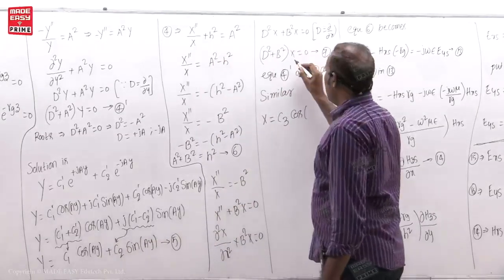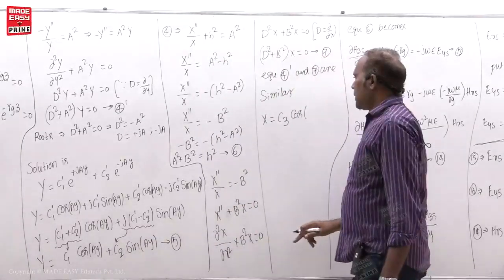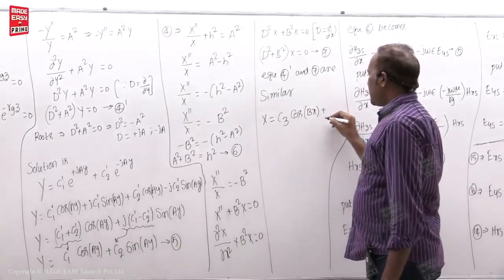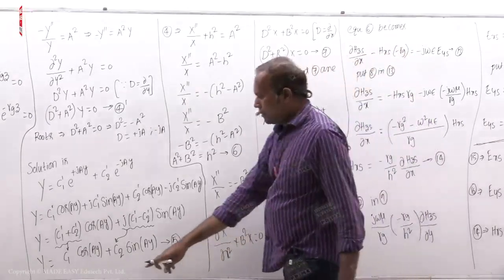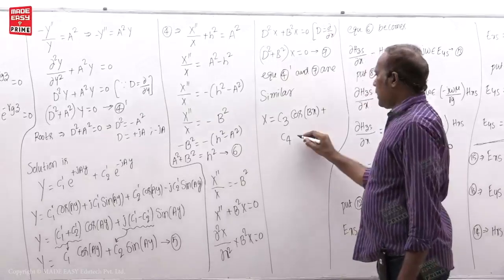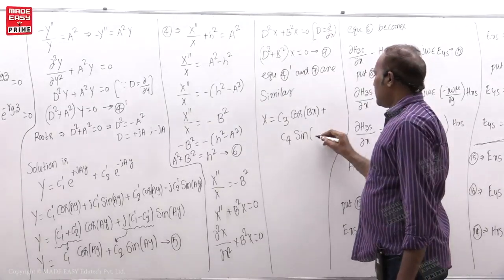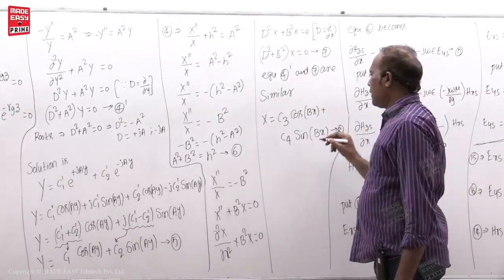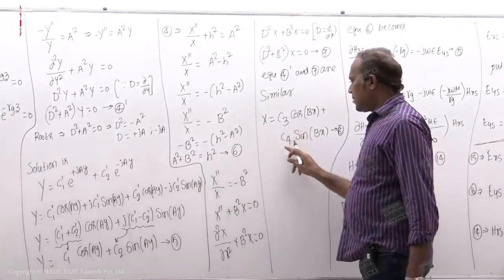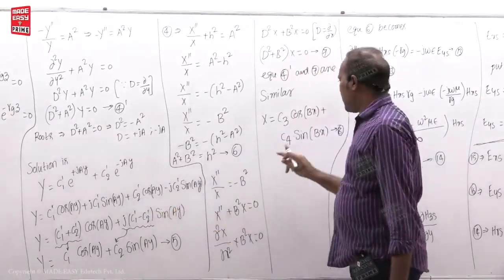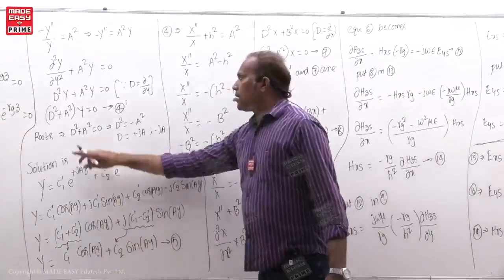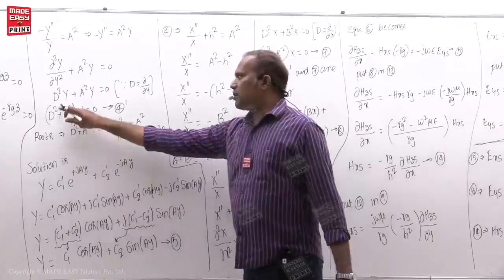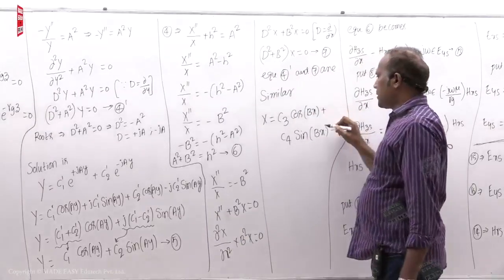Here the differentiation is with respect to small x, so you get b small x plus some constant C4, in place of C2, and sine capital B x. So this is equation number 8. There C1, C2 constants, here C3, C4 constants. Then cos term, sine term. Where A was the constant name, here B is the constant name. The differentiation variable was small y, here it is small x.